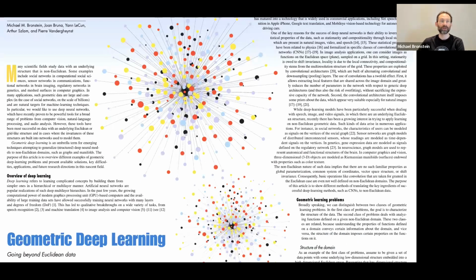The term itself, I can probably credit myself with inventing when writing my ERC grant, and it was popularized in this 2017 paper in the IEEE Signal Processing Magazine. Nowadays it's almost synonymous with graph neural networks, but I hope to show you that it's a way bigger umbrella term for basically everything that involves a geometric view on machine learning.